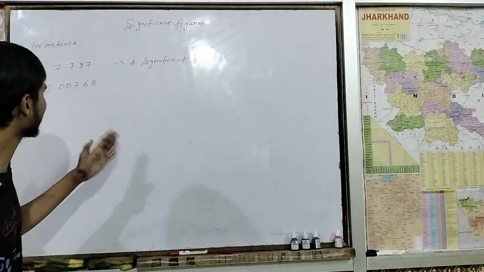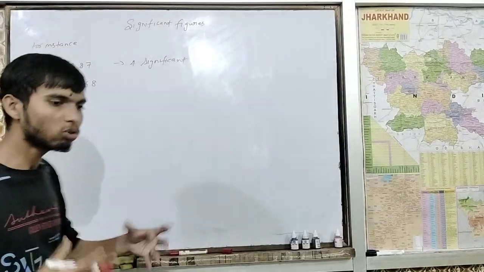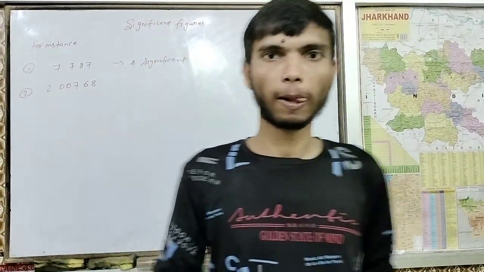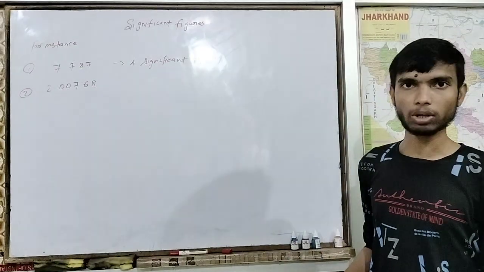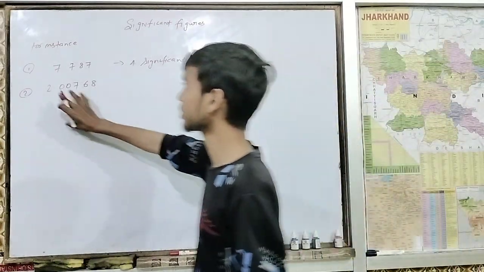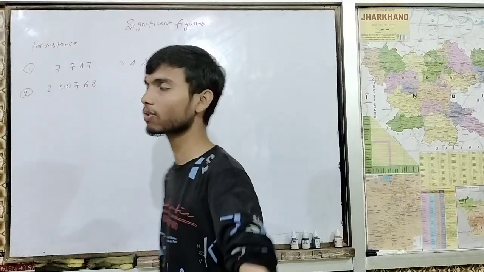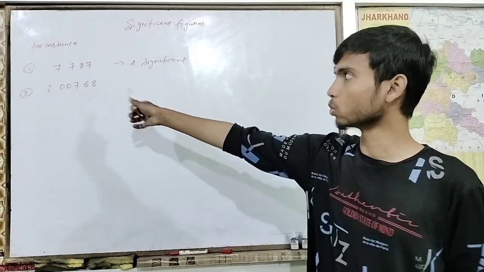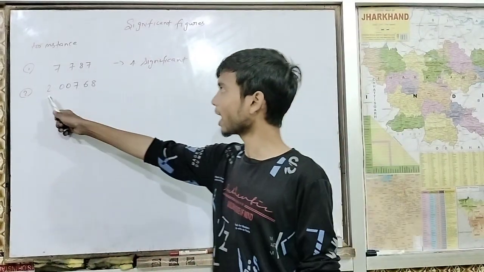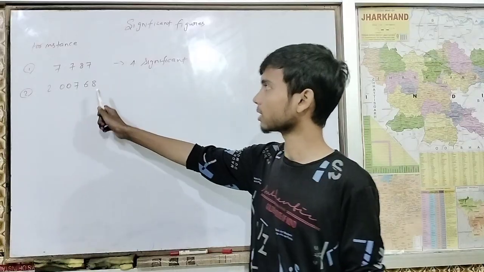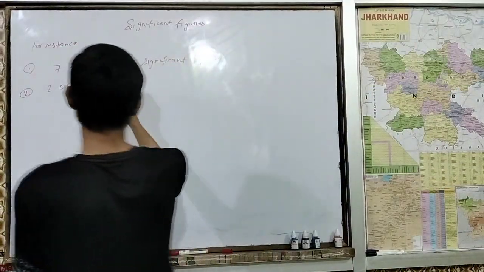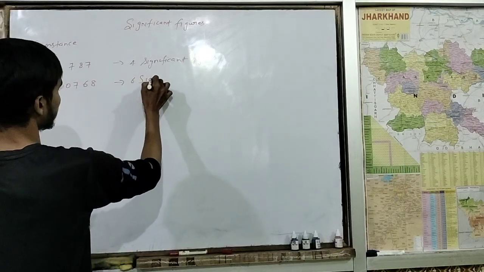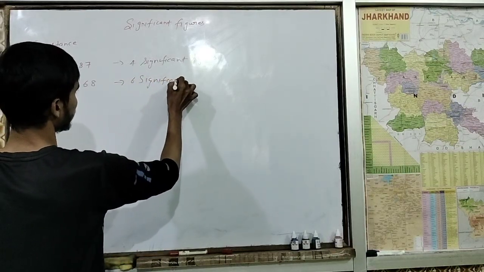Second, if zeros are coming after the decimal and these are not ending, then these zeros will be counted as significant, including all the 2, 7, 6. So finally we have 1, 2, 3, 4, 5, 6. There are 6 significant figures.